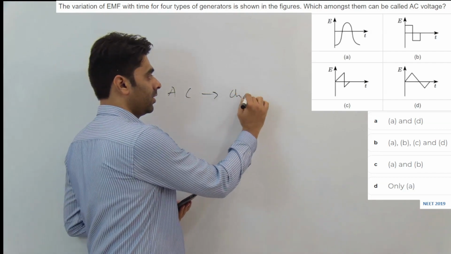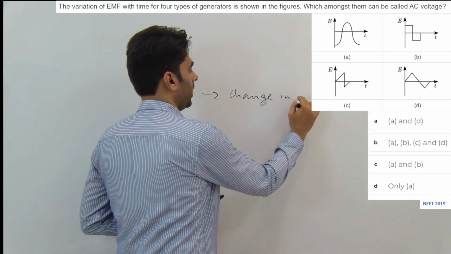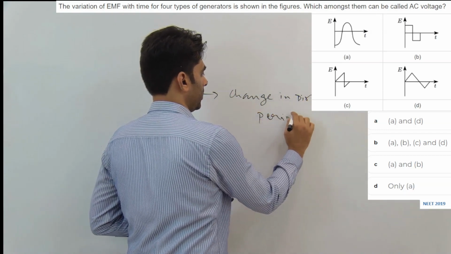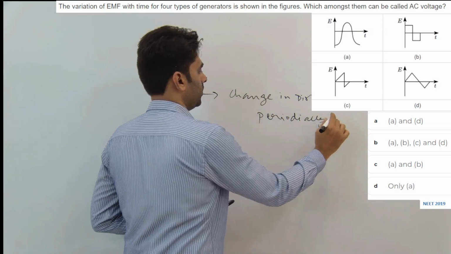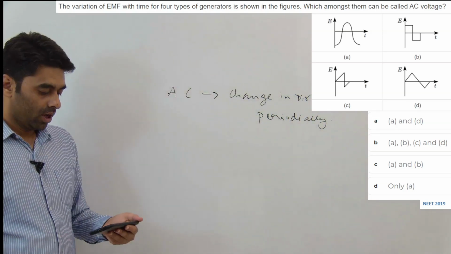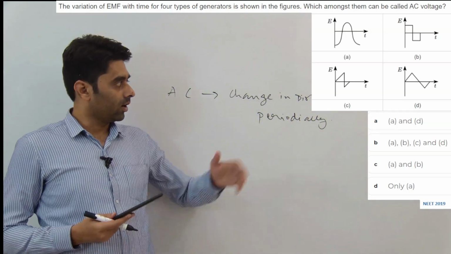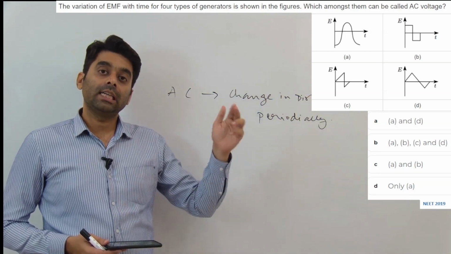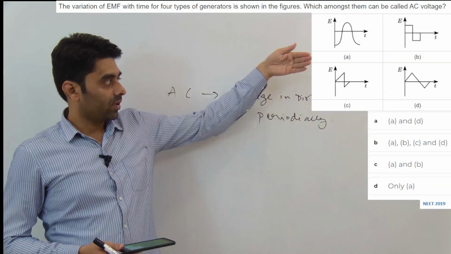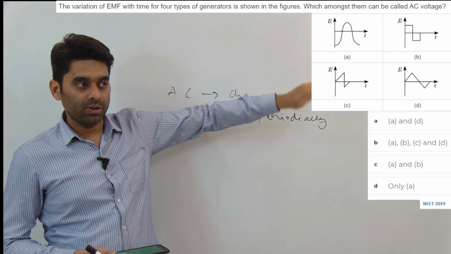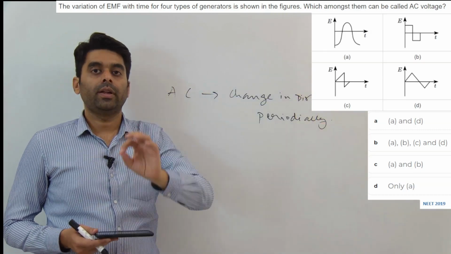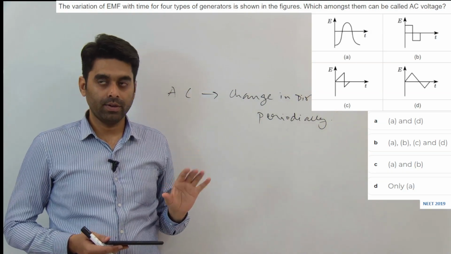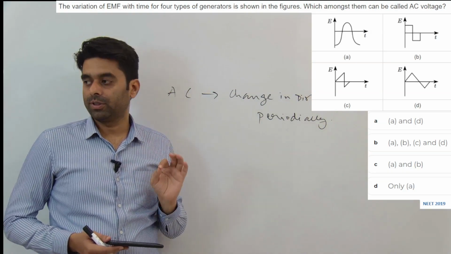This is the definition for AC. Now, if you check all the 4 graphs that are given to you, in all the 4 graphs, all are changing their direction. For some part EMF is positive, then negative, positive, negative. That implies A, B, C, D, all 4 are correct, right? So option B will be the correct answer.